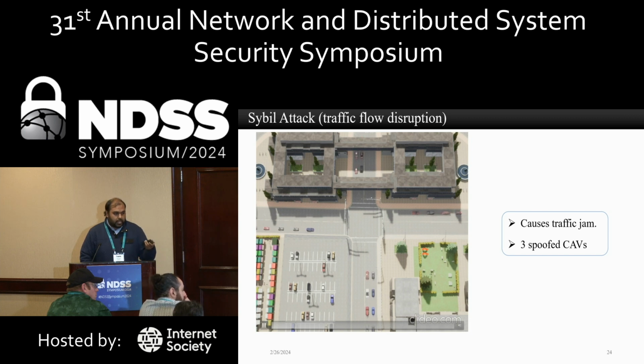What you see here is the intersection is empty, but all the real vehicles are approaching slowly at the intersection because of the presence of these spoofed agents. So this is one of the things that a Sybil attack can cause to the framework that I presented. Now again, safety is not an issue. However, you have this issue of traffic flow disruption.